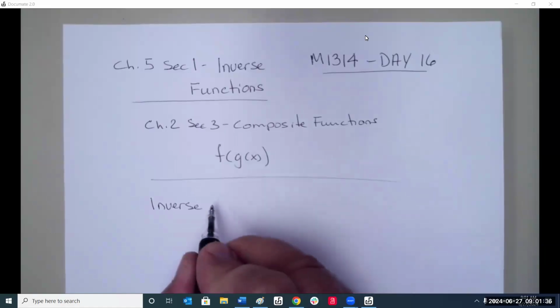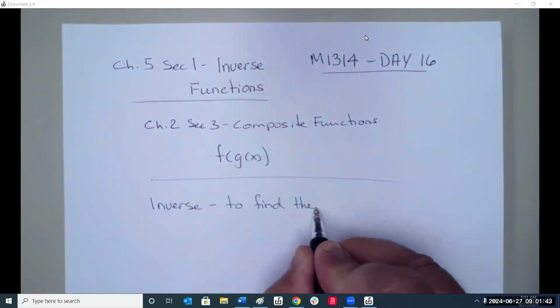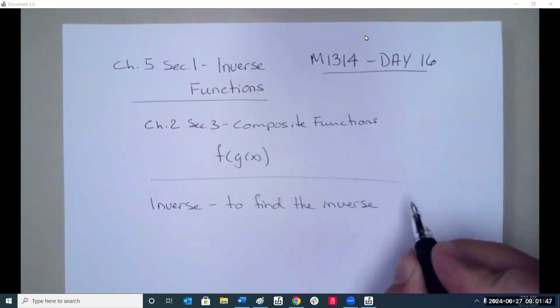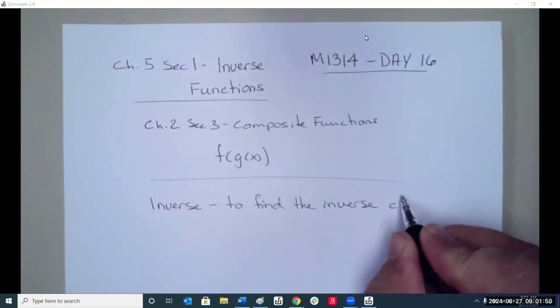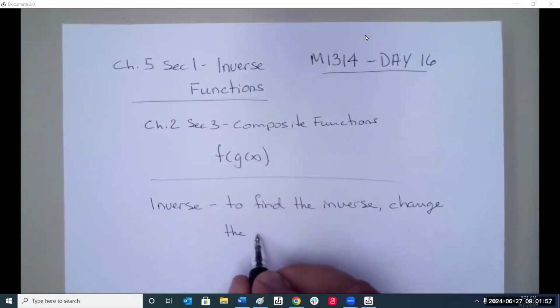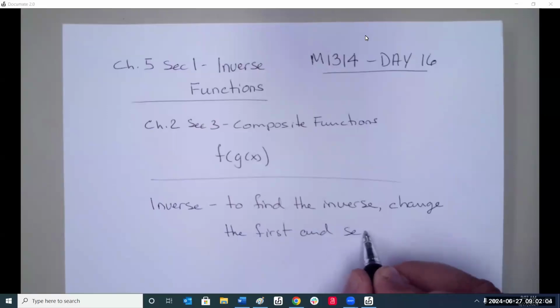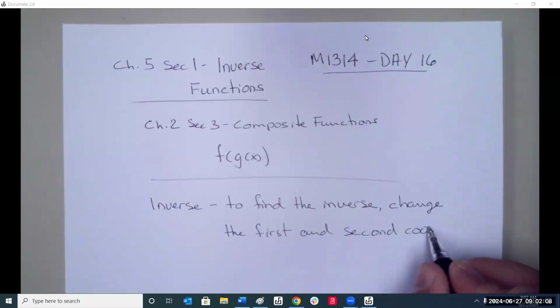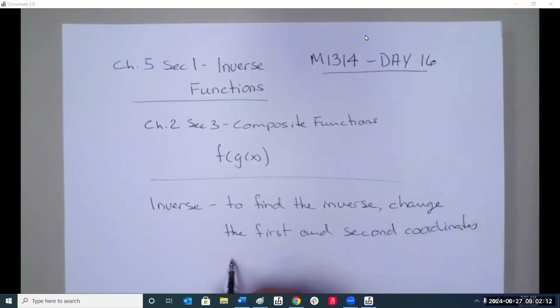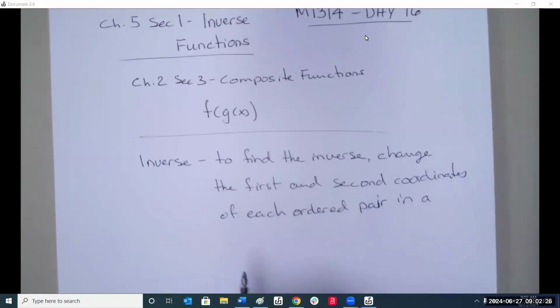Let's look first at the word inverse. To find the inverse, change the first and second coordinates of each ordered pair in a relation.